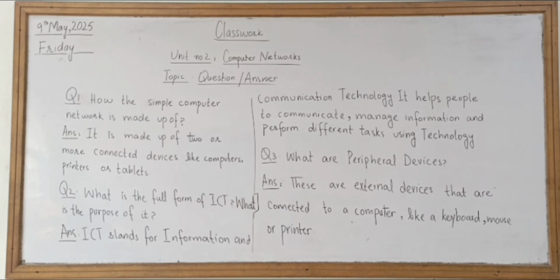The second one we learned in our previous lesson was that we connected our computer to the projector, and then we can see the output on the screen or a whiteboard. So this is also a simple computer network example. That's the recap of what we learned in our previous lesson.